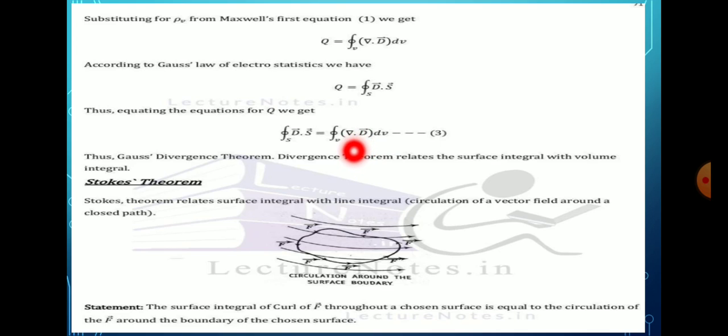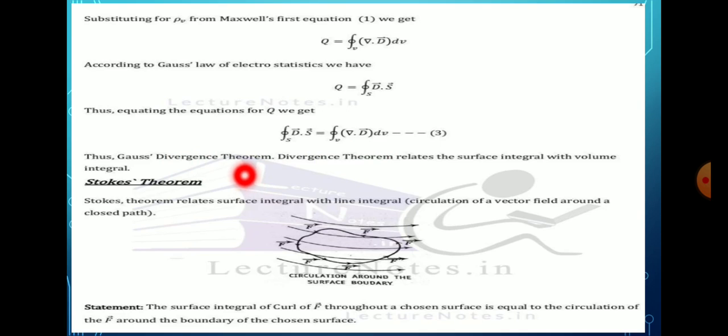The dot product is represented as the divergence, that is the divergence of flux density throughout the space enclosed by the surface. This equation is represented as the Gauss divergence theorem.